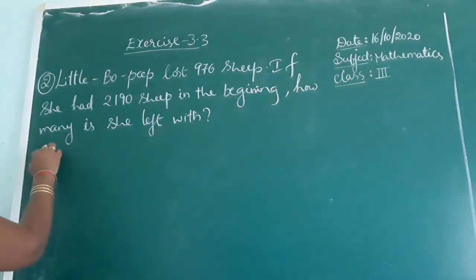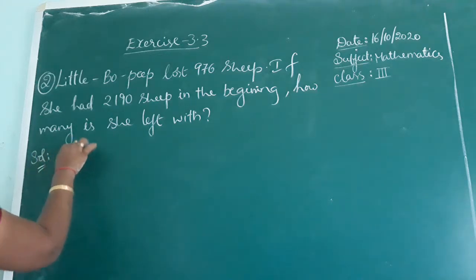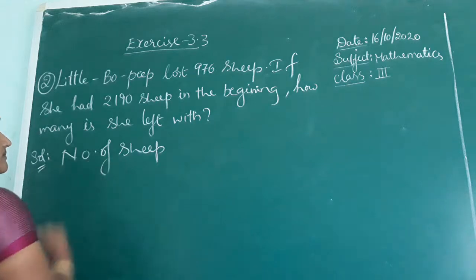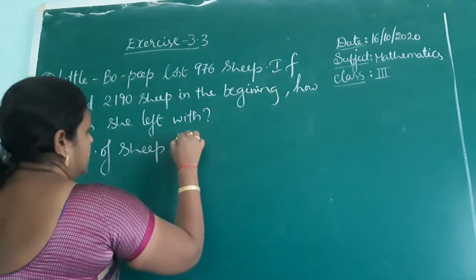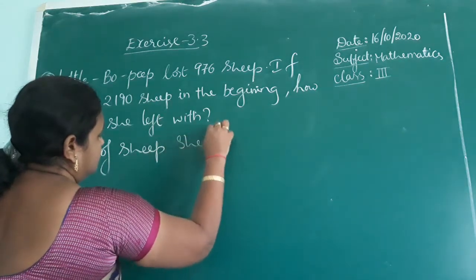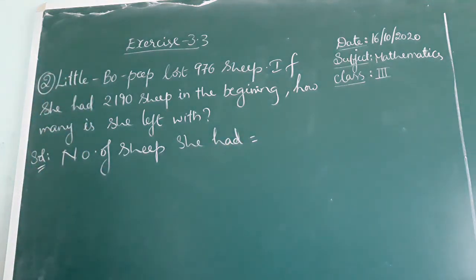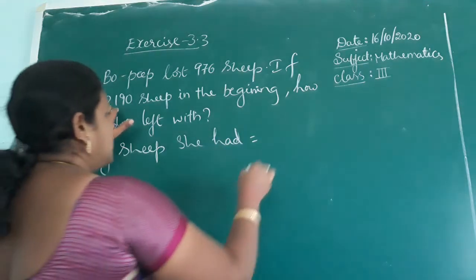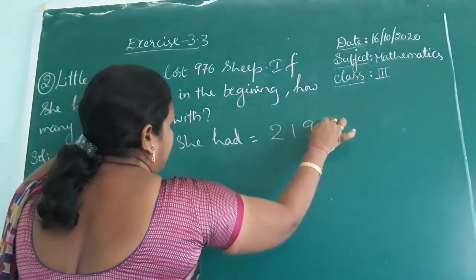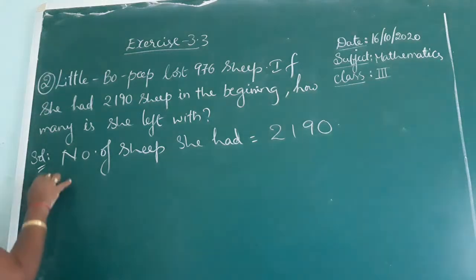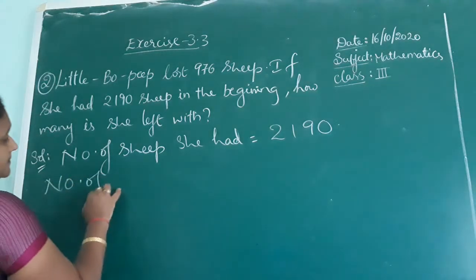So first, number of sheep she had, or else you can write the name instead of she also. Okay, how many sheep she had? 2190 sheep she had. In that she lost number of sheep.